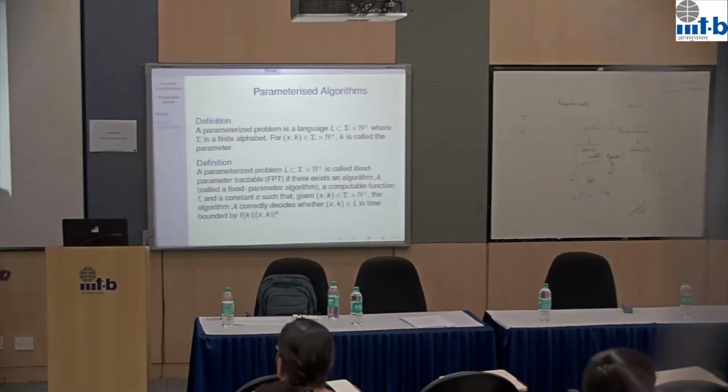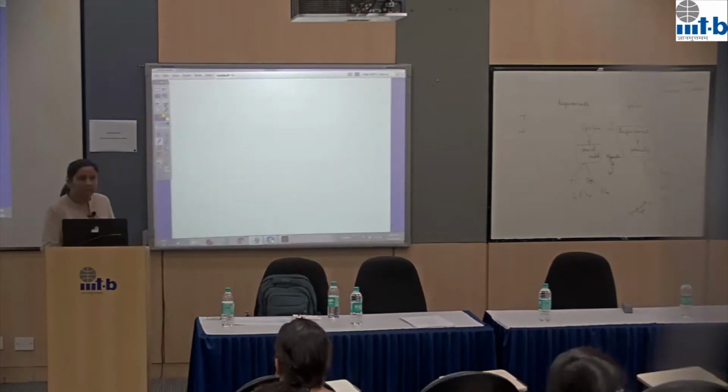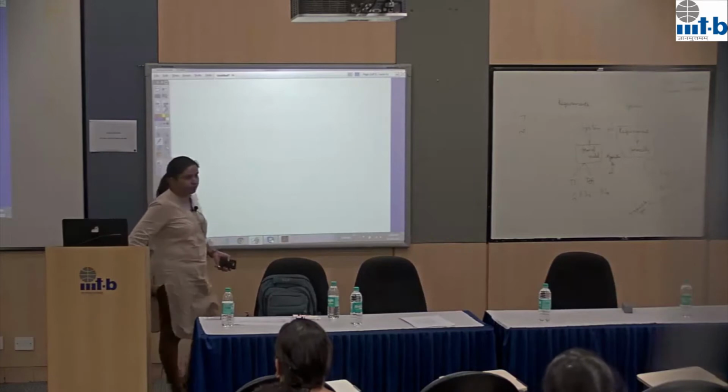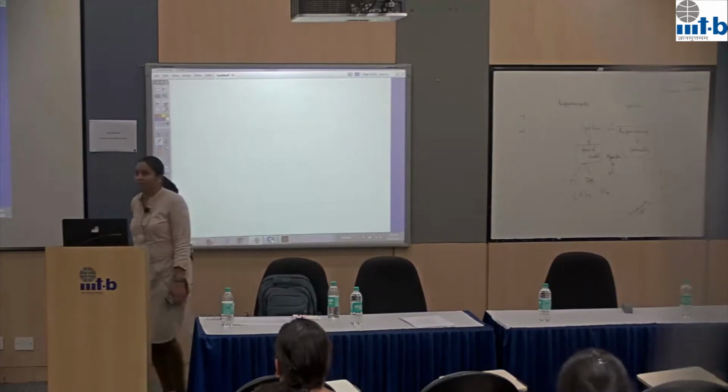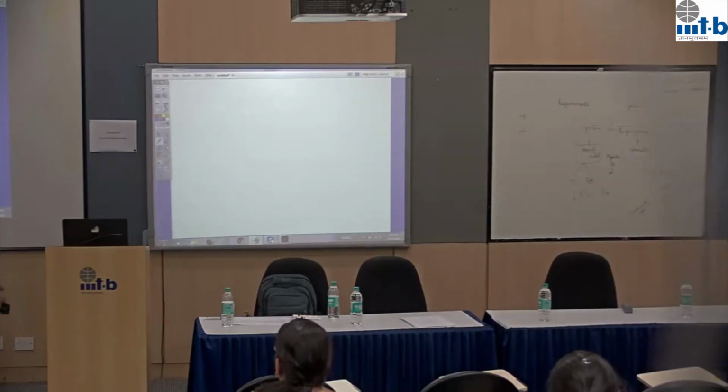So, okay, I'll go back. Edge clique cover: given a graph G, you have to cover every edge using k cliques. Every edge should be in one of the cliques. So you have to select k cliques, which are subgraphs of the graph, such that every edge is in at least one of the cliques.